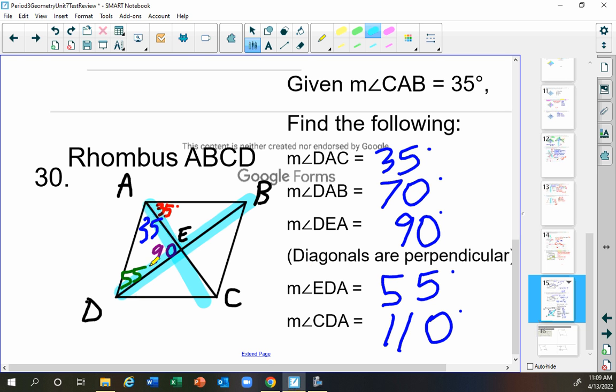Diagonals are bisectors. Mirror reflection. These angles are all diagonals perpendicular. And then sum of your triangle is 180. So that's another way to think about it. And basically, once you get this side, you also get the other side. And then don't forget, if you need the entire angle, if you only have one, you got to double it.